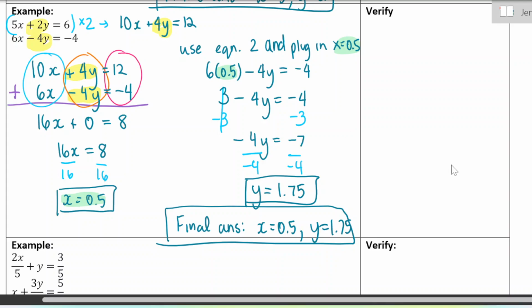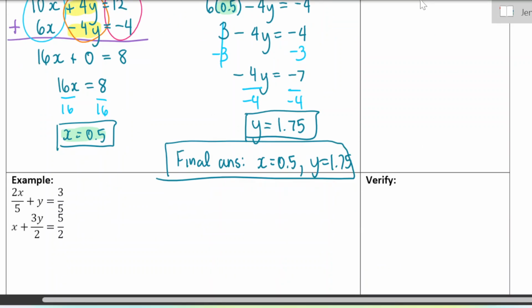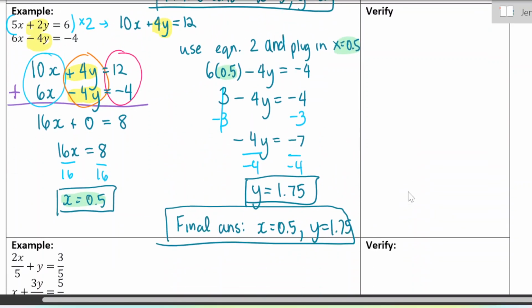And you could verify, and you should verify, but I'm going to leave that out just for time's sake here. But you could pause this video here and verify yourself that those are the solutions. Okay. And again, you could write them as fractions or decimals, doesn't matter.